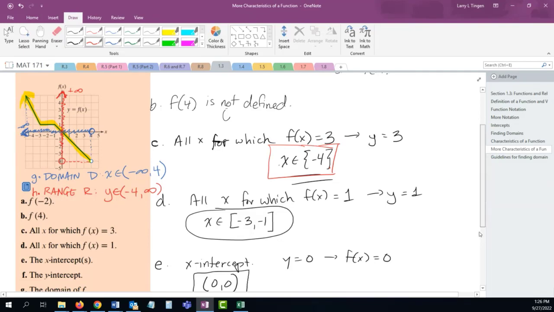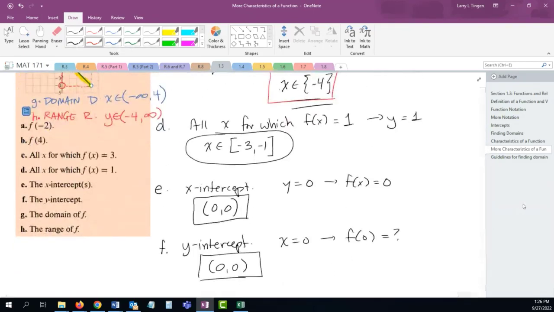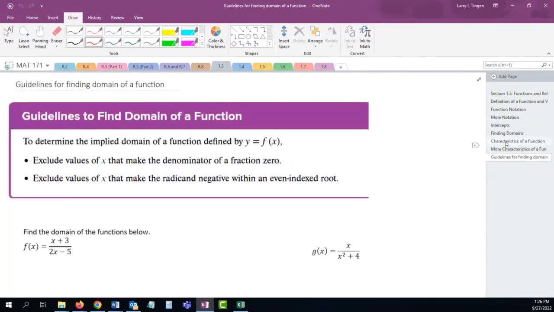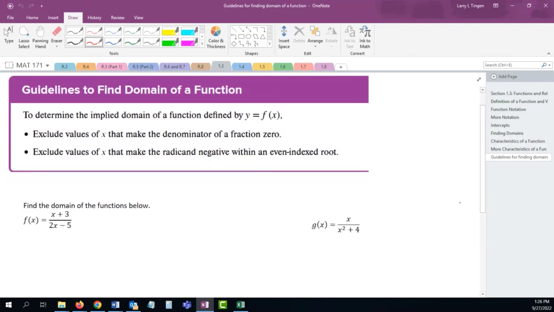What about if I gave it to you algebraically? So what I've got is I've taken what was page 7 of your notes and moved it to the end, and then I've added these 4 functions. I want to introduce you to the guidelines for finding the domain when you're given a function, not the graph, but the actual function.